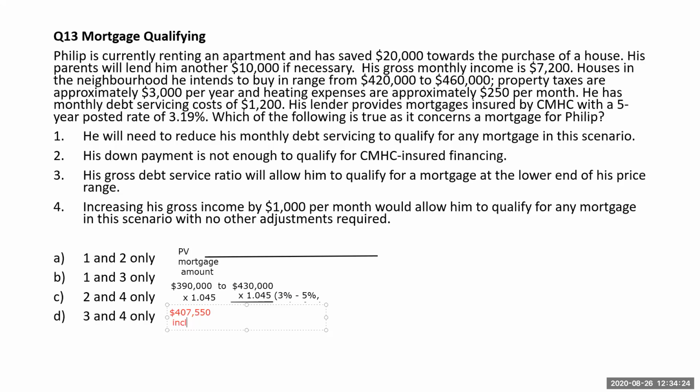Including CMHC, right? My math doesn't look right there, does it? Yeah, that's good. And 430,000 gives 449,350.